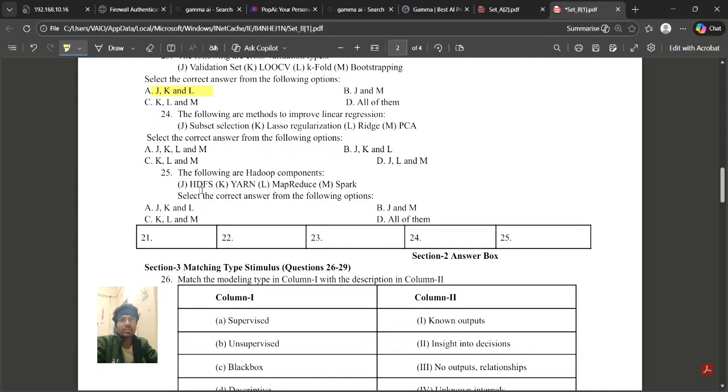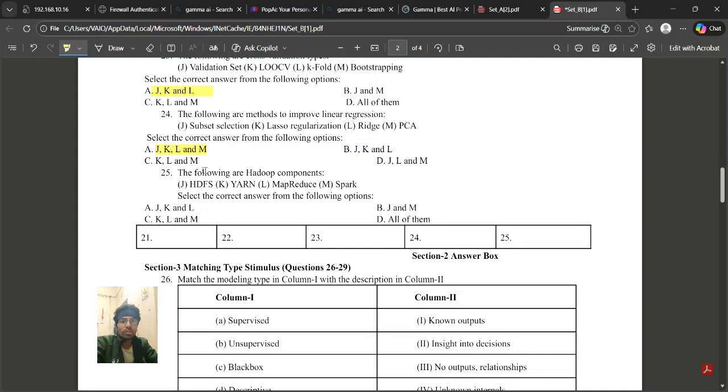Lasso regularization K, adding an L1 penalty, definitely improves by feature selection and preventing overfitting. Ridge L adds an L2 penalty and prevents overfitting. PCA M reduces dimensions and can improve regression by reducing multicollinearity. So all of them are methods, and the answer is A, JKLM.